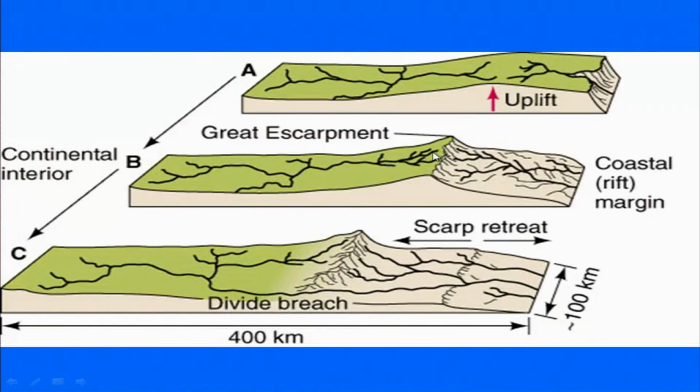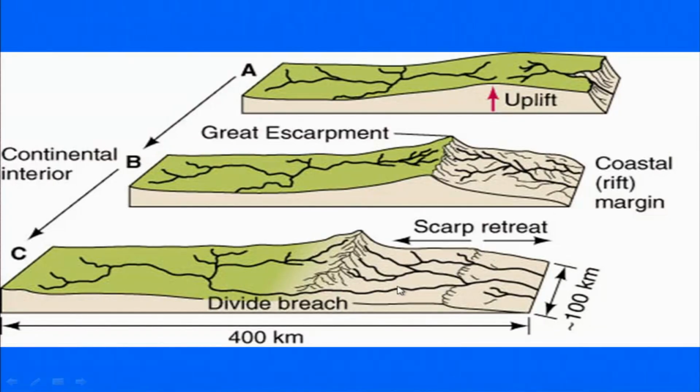So, this drainage is moving towards headward here, and this is moving towards, and finally, at one point of time, because of the divide breach, this capturing can take place, and the whole system or the drainage basin which was pouring water towards this basin will finally contribute to this river basin.